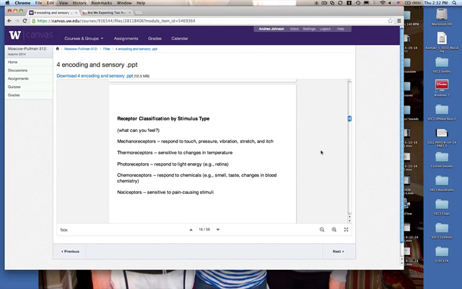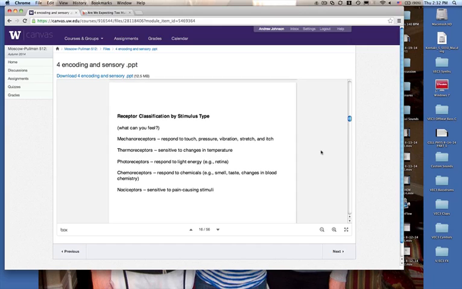So your receptors can also be classified depending on what the stimulus is. So you can have mechanoreceptors, thermoreceptors, photoreceptors, chemoreceptors, so those are all pretty basic. You can pretty much just read the word and figure out what you're detecting. And then nociceptors.